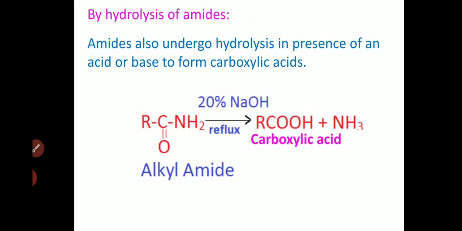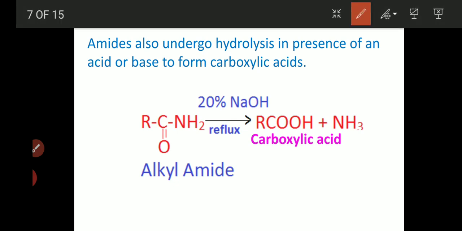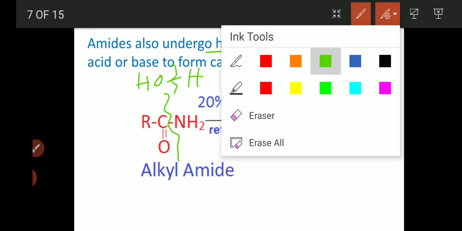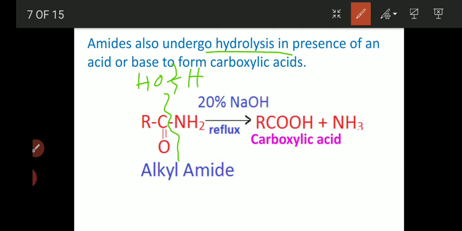Simply we can remember it like this, it is undergoing hydrolysis. Just take a break here, we are adding H2O, overall it is hydrolysis. OH and H, take a break here also, and now combine these two parts, RCOOH, and combine these two parts, NH3.